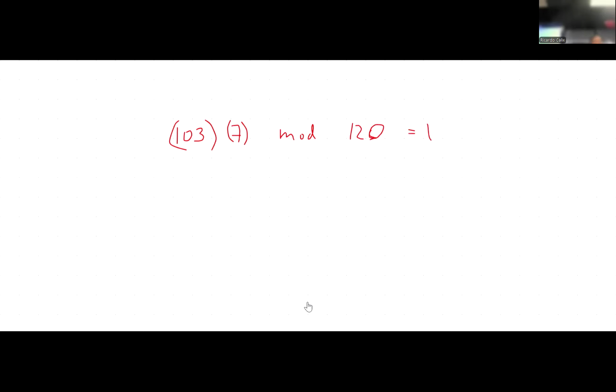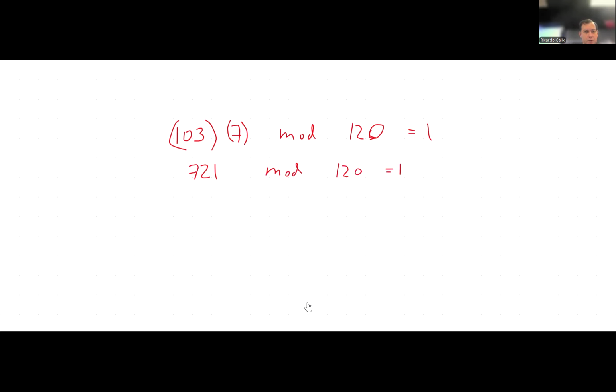Do you guys see that? Now you know how to compute this, right? So 103 times 7 is what? 721. All right. Very good. 721 mod 120, and equal 1. So we know how to do this now.